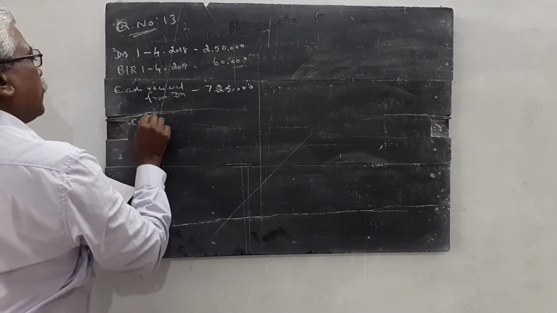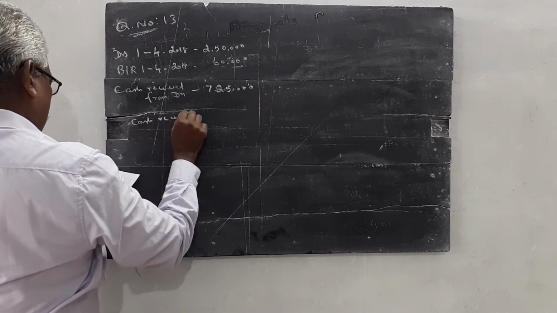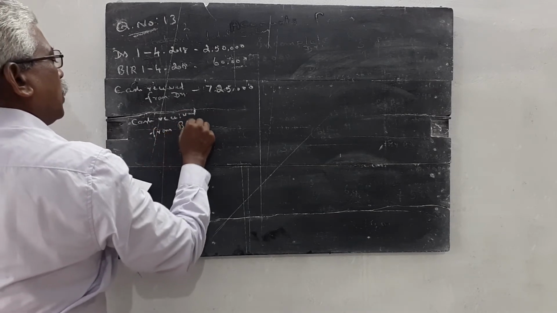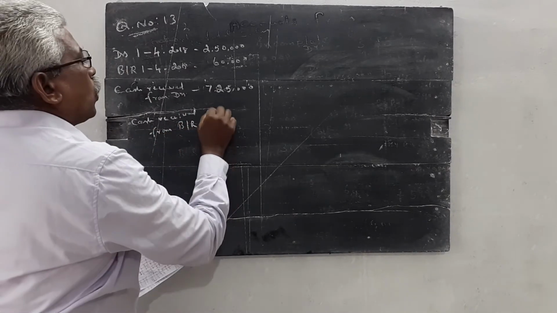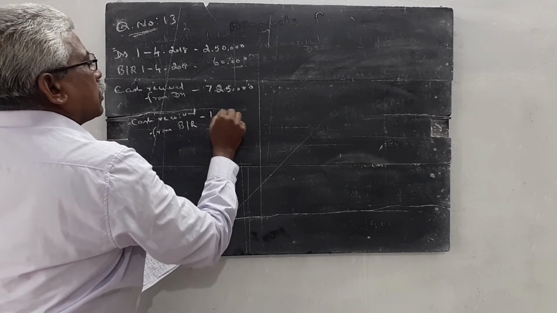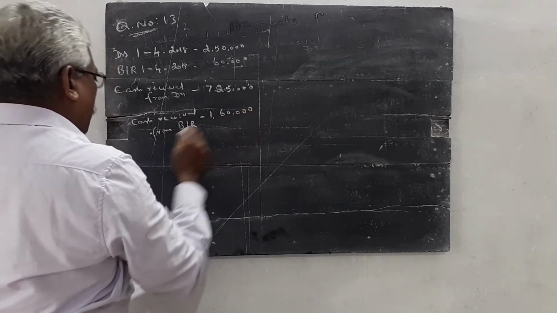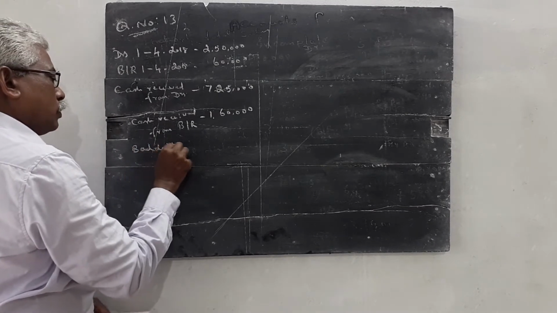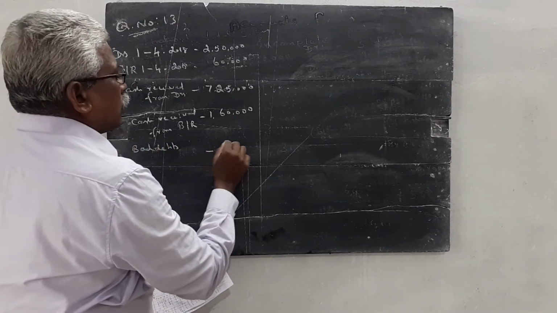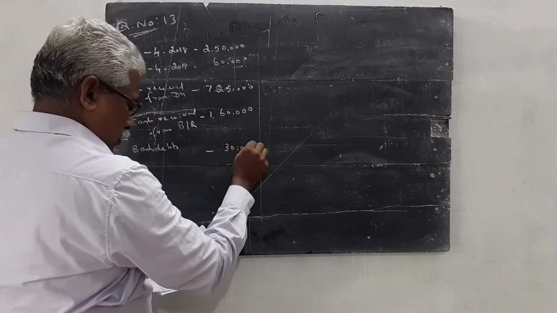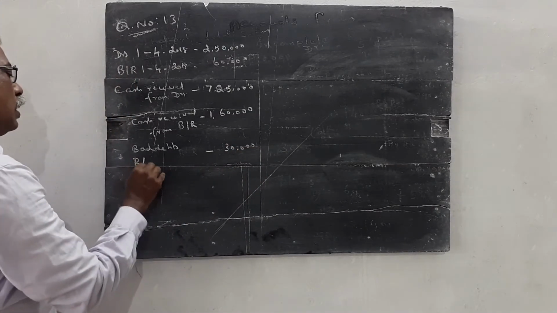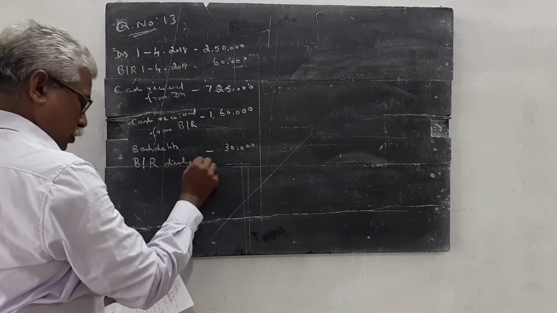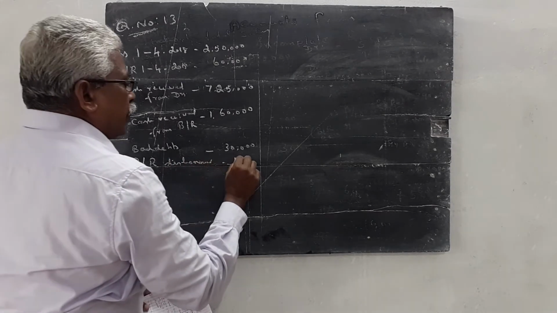Cash received from bills receivable rupees 1,60,000. Bad debts amount is 30,000. Bills receivable dishonored 15,000.